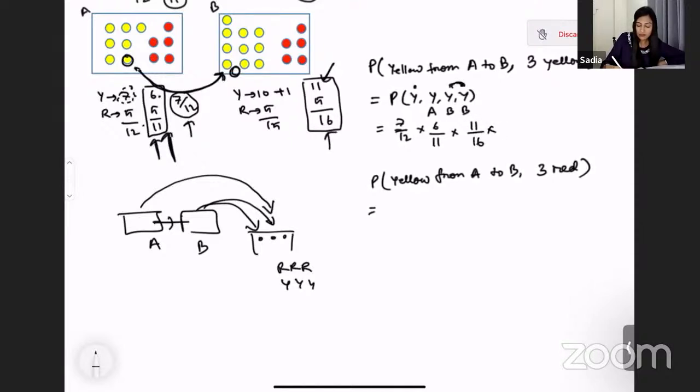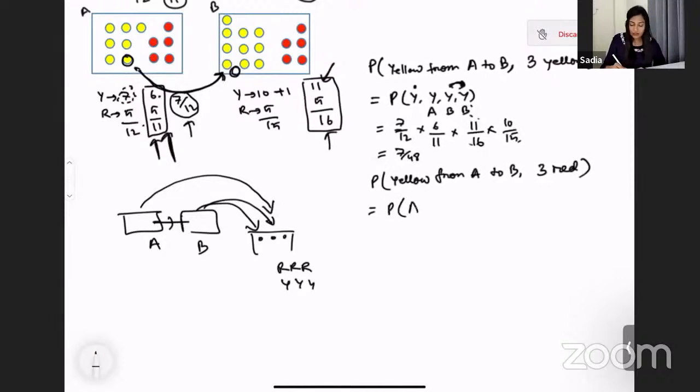Then you are selecting the second marble from bag B, so numbers will decrease by 1. So this will be 10 by 15. So eventually we will get a value of 7 by 48.